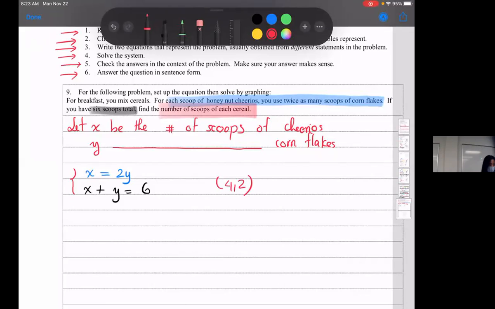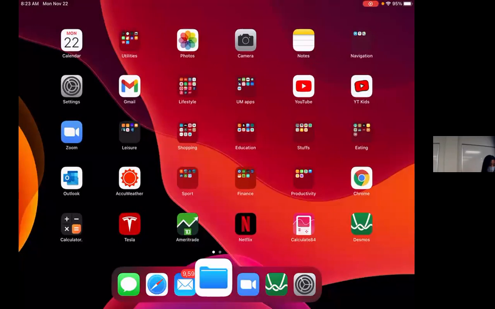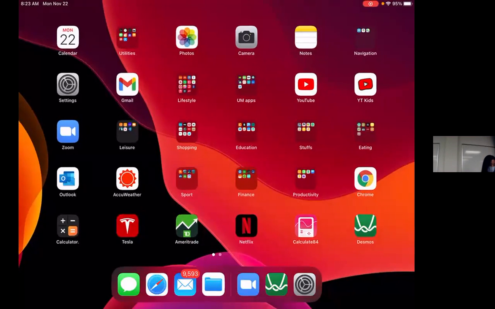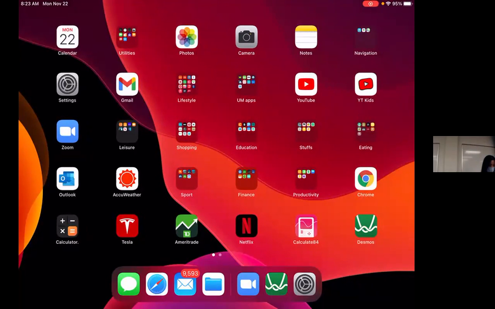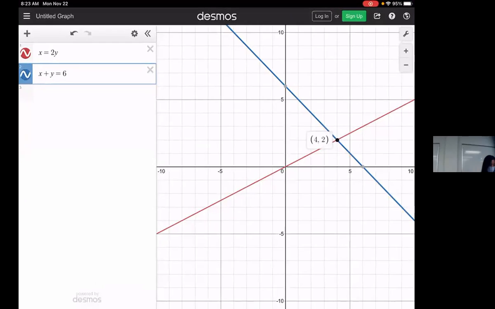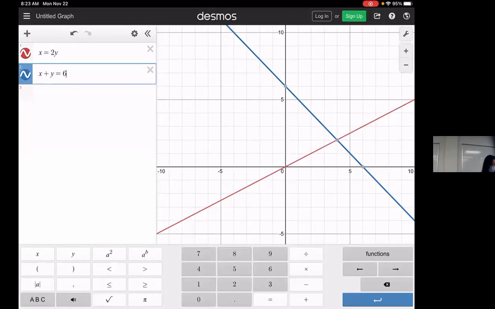For each scoop of honey nut Cheerio, you use twice as many scoops of cornflake. It's supposed to be 2X plus 2Y equals 6. Scoops total. Let's see. Because it can't be 4 and 6. It can be 4 and 2 because the number of scoops of cornflake is twice, 2 here.